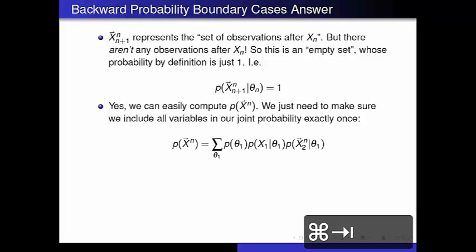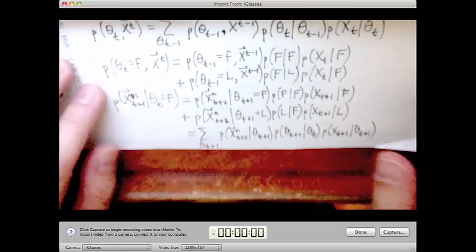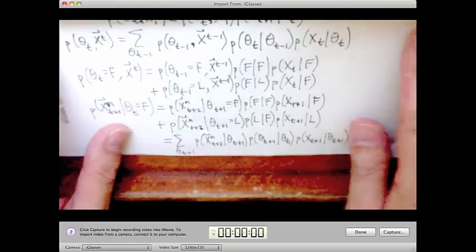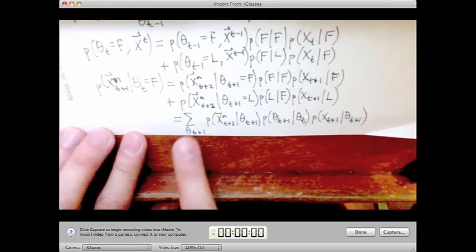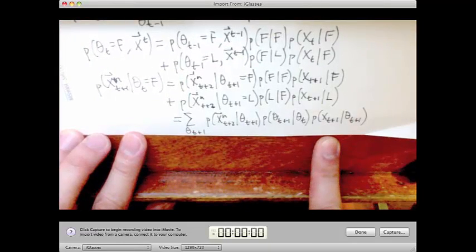A more concrete way of seeing that same thing would be to go back to what we were actually computing here. Down here we had written out what the backward probability summation would be.